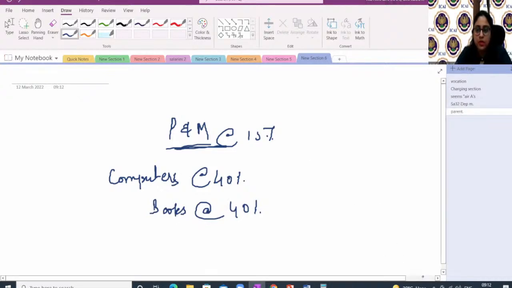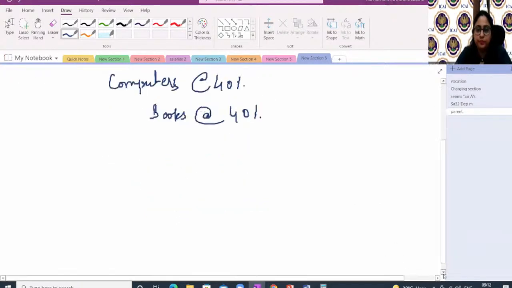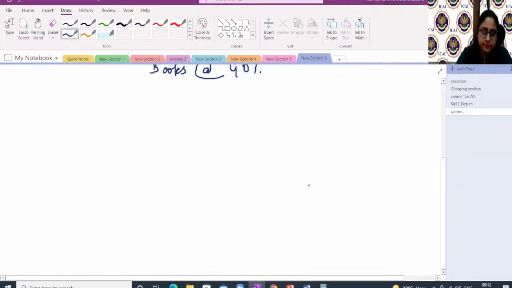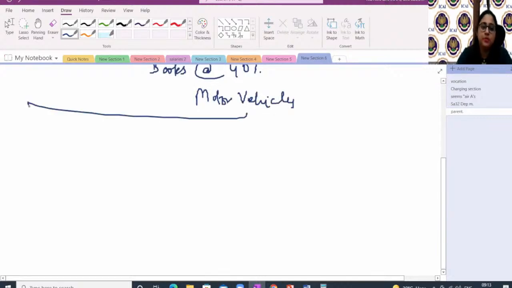Now we come to understanding motor vehicles. Cars, motor vehicles used for the purpose of business. In this there are two different concepts.